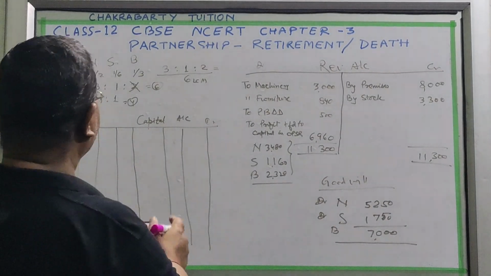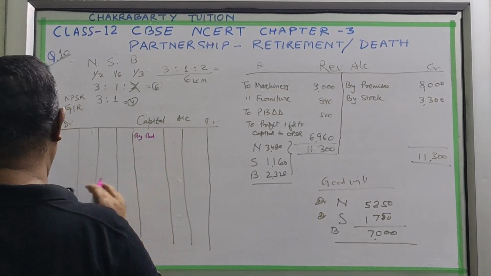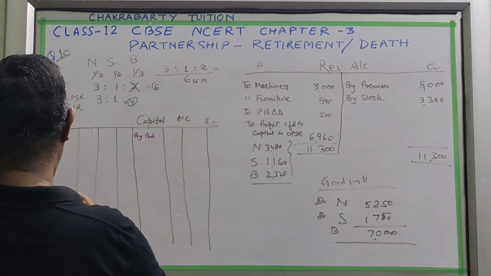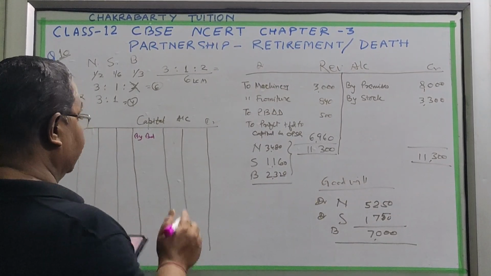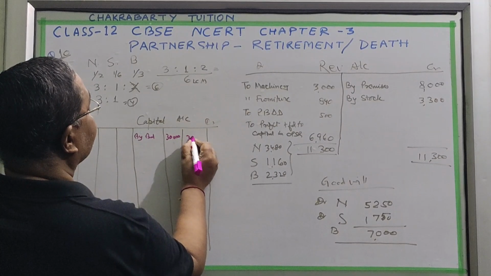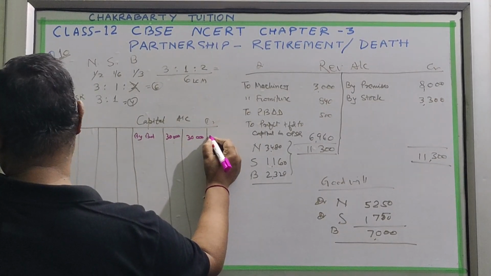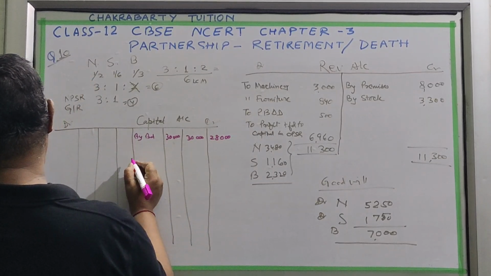In the first, by balance, their balances are Narang 30,000, Suri, and Bajaj 28,000. Then next is by reserves.